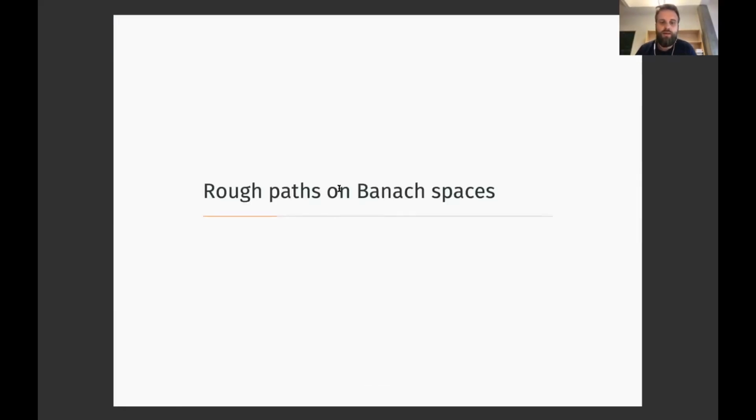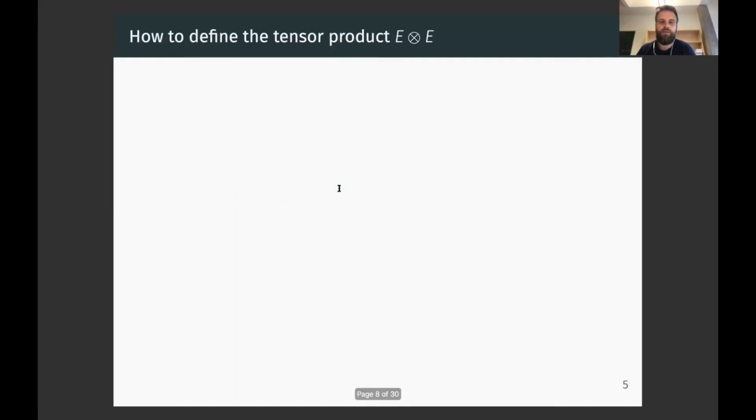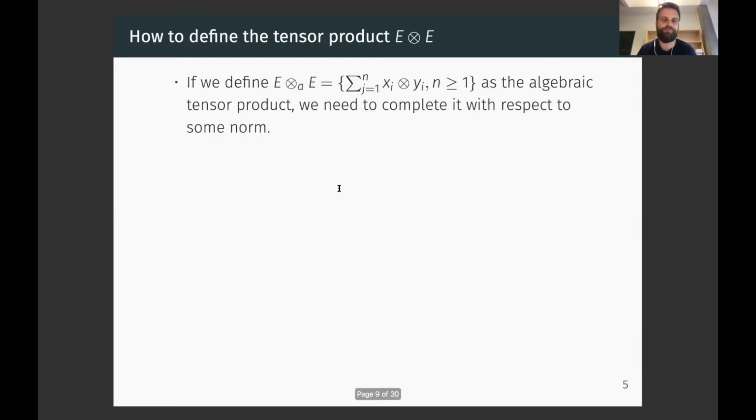So let's talk about rough paths on Banach spaces. As I mentioned, the only thing that needs some work from our previous definitions is that we need to actually specify a tensor product. If we define a tensor product algebraically, we get finite sums like this. The problem is that we need to complete it with respect to some norm.